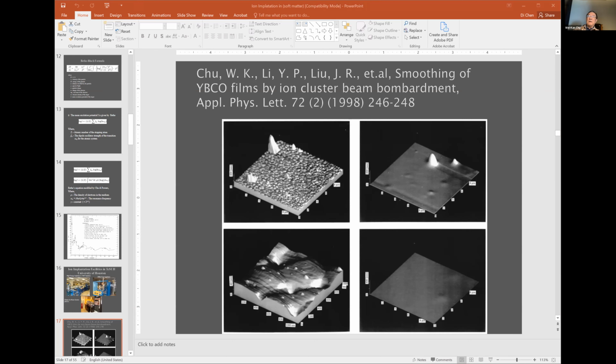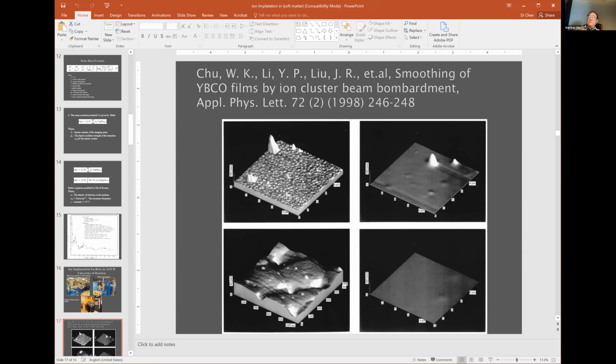If you bombard with normally incident 30 keV argon, after a while it is smoothed into the upper right figure. You can see some of the chunks, like copper oxide mountains, get eroded and shorter.